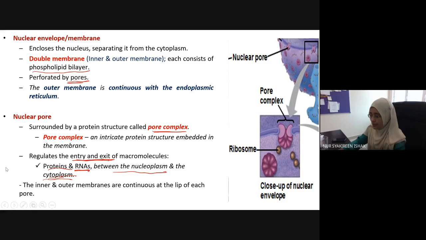So the inner and outer membranes are continuous at the lip of each pore. Nampak dia continuous, the inner and outer membrane.